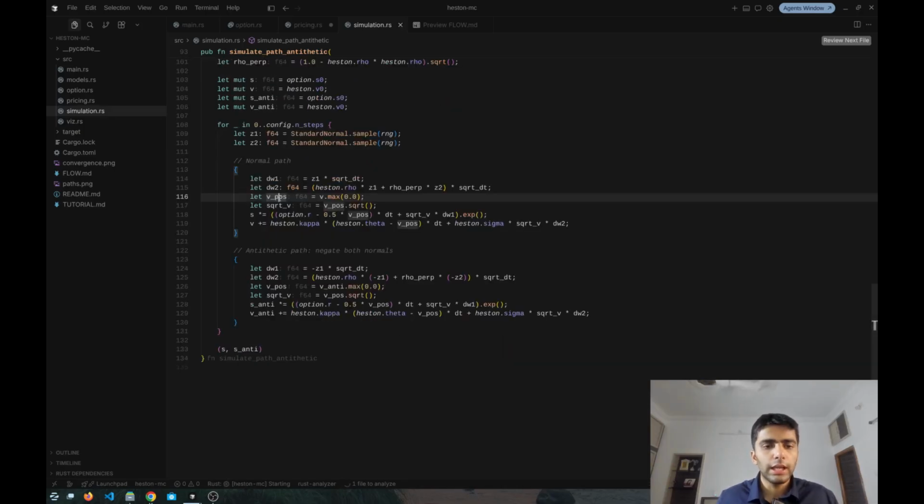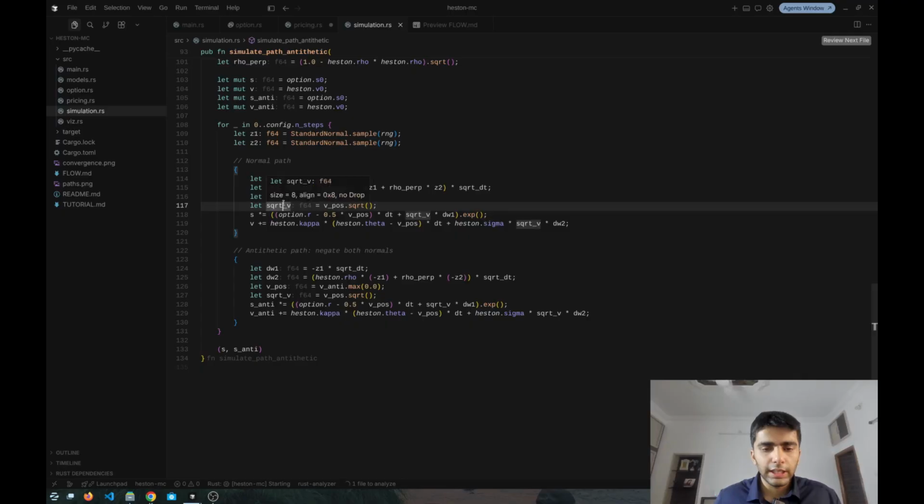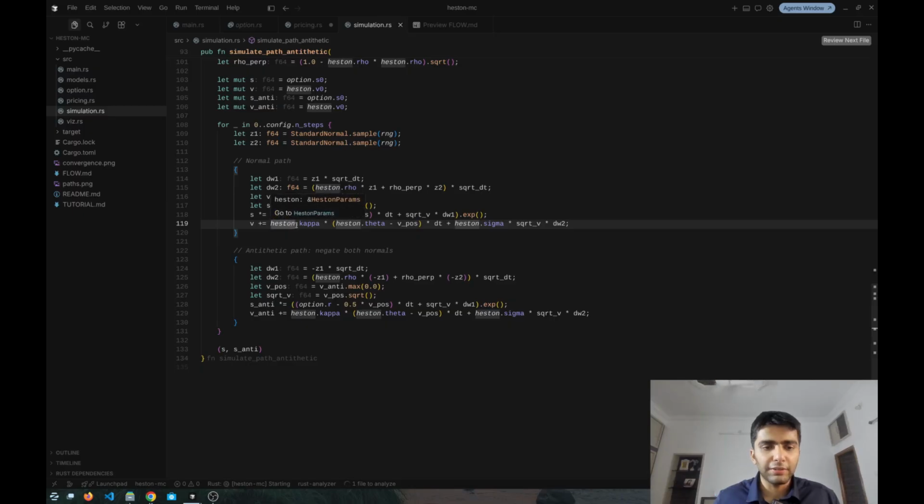Alright, and here we are basically applying the full truncation scheme to make sure that the variance remains positive. Here we are taking the square root of the variance, and then this basically is the Log-Euler discretization, which we get after discretizing the asset price stochastic differential equation of the Heston model, and this is the Euler-Maruyama discretization, which we get after discretizing the variance stochastic differential equation of the Heston model.